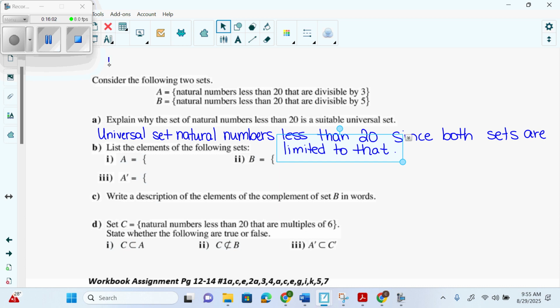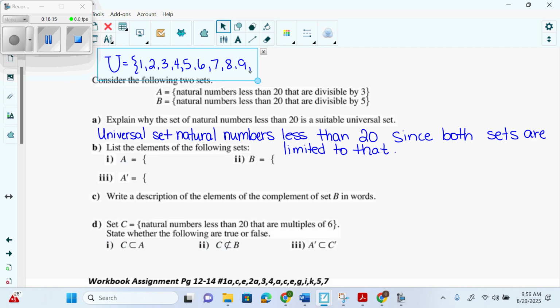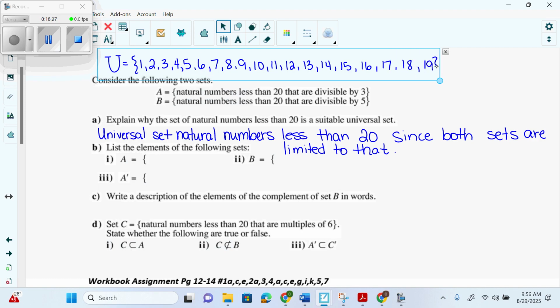So the universal set, like that little horseshoe, equals 1, 2, 3, 4, 5, 6, 7, 8, 9, 10, 11, 12, 13, 14, 15, 16, 17, 18, 19.